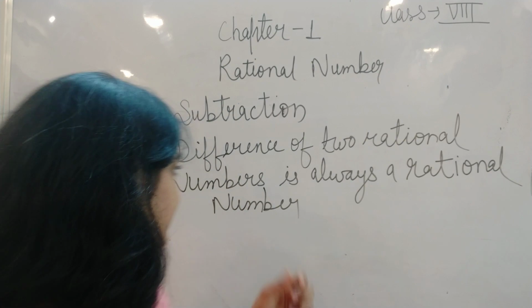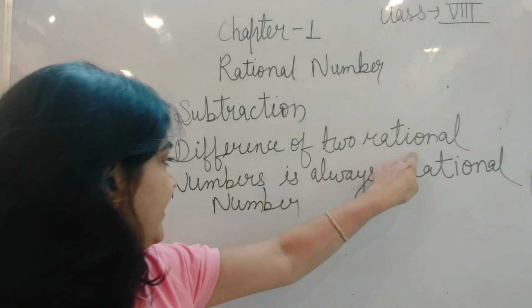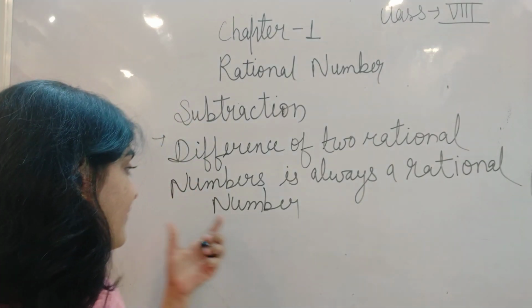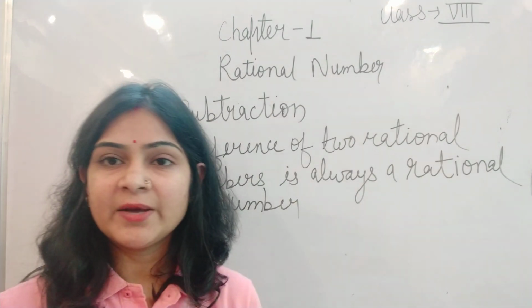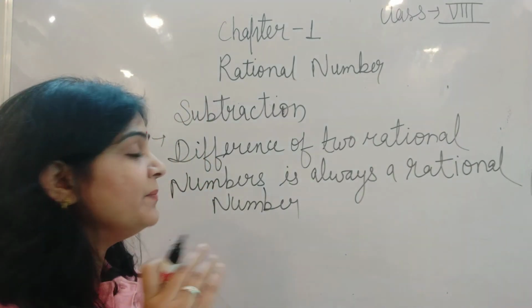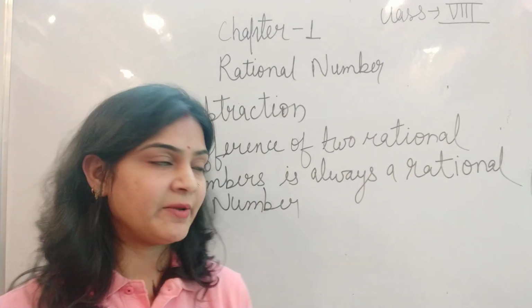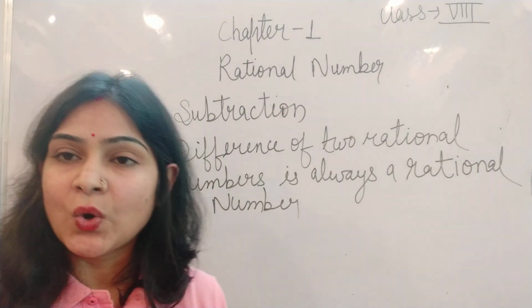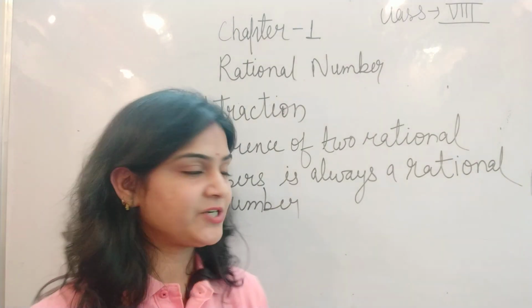What does this property say? If we take two rational numbers and subtract them, we always get a rational number. That time we say that rational numbers are closed under subtraction.